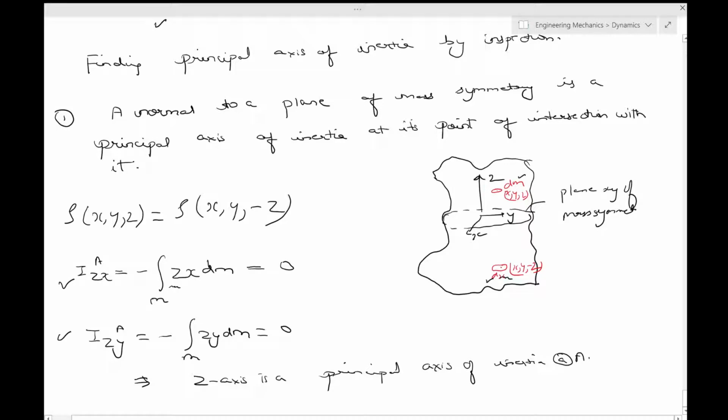Now, sorry, I didn't draw it, but this A is lying over here. Say this is the line of symmetry.